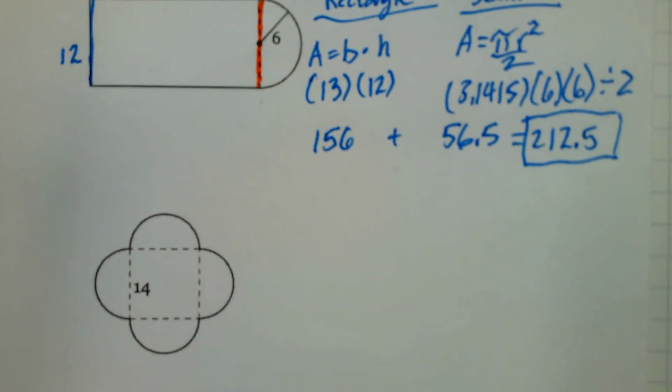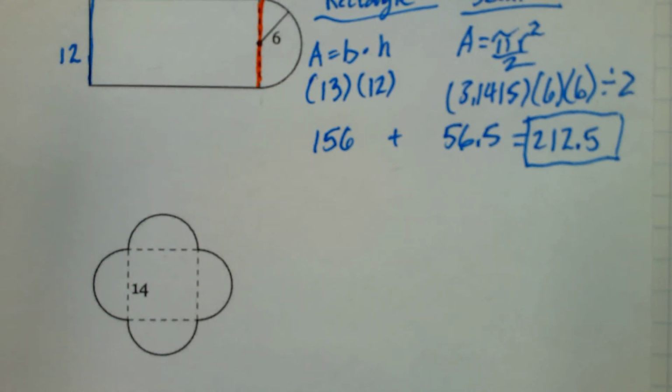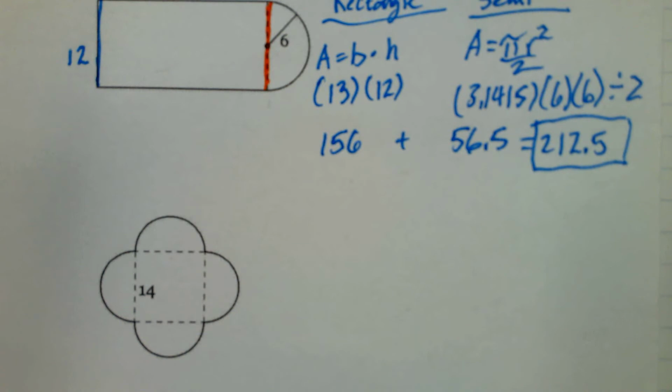Let's move on to this interesting shape. What's this composed of? Semicircles and a square. How many semicircles? 4 semicircles. Okay.